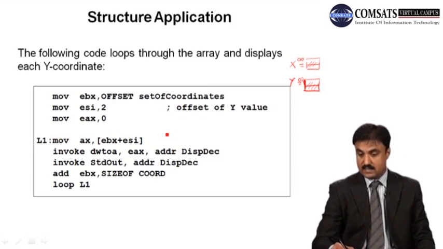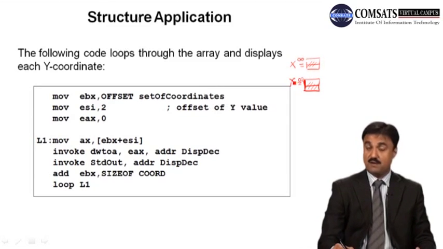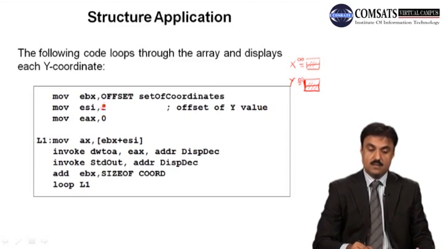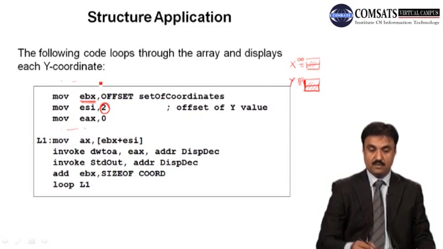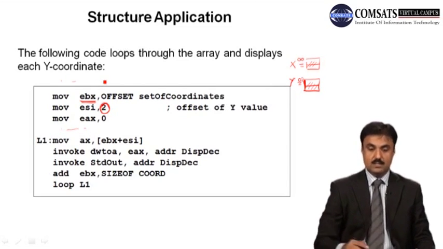So if we want to access the field y, or member y, of the coordinate structure, then our offset, the index, should be 2. This is the offset of y, and EBX holds the base address of this structure. This shows that we have an array of 10 structures, and so on.